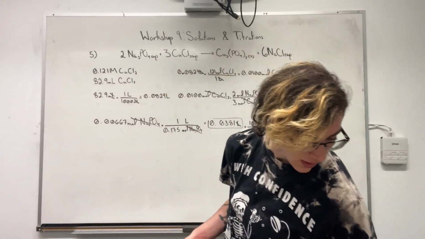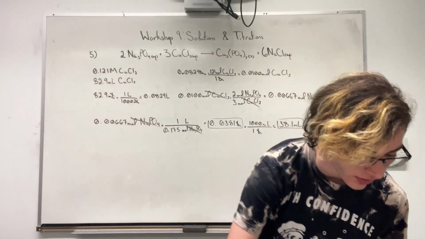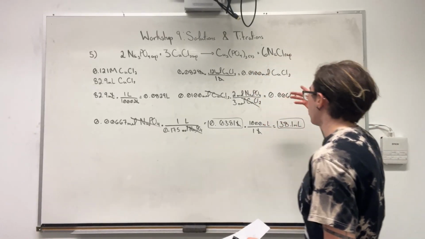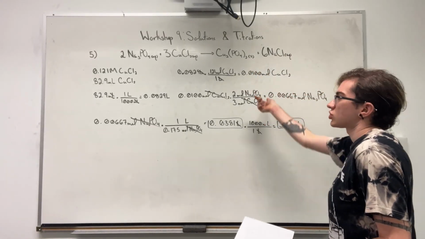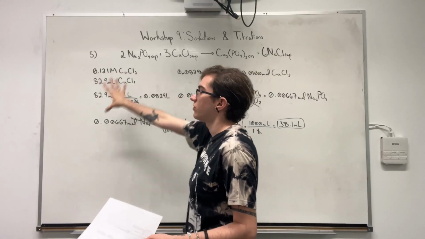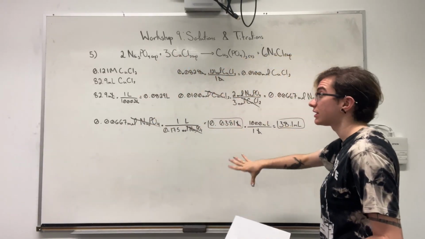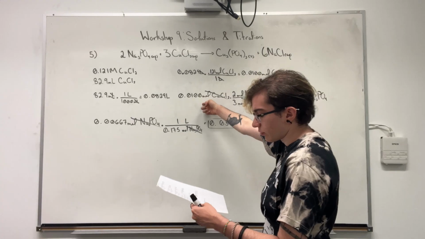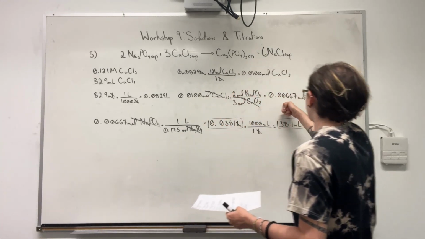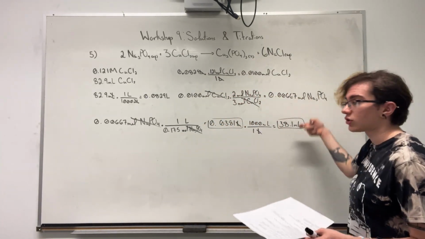Now looking at the second part, how many grams of copper phosphate will form? This is now just using our mole values again. Doesn't really matter which one we use. We know that based on this solution, everything is reacting completely, so we can work with the 0.0100 moles of copper chloride, or we can work with the 0.00667 moles of sodium phosphate.